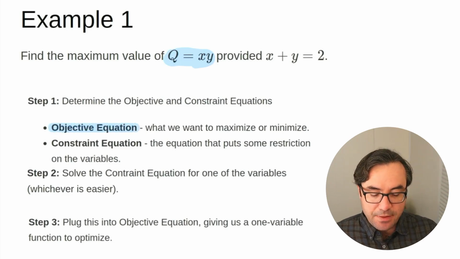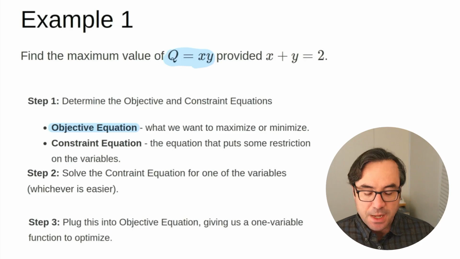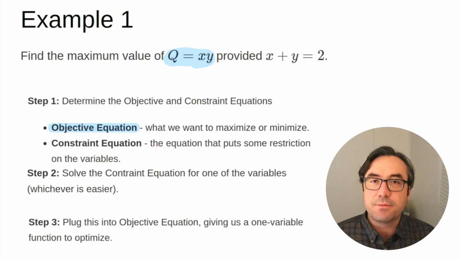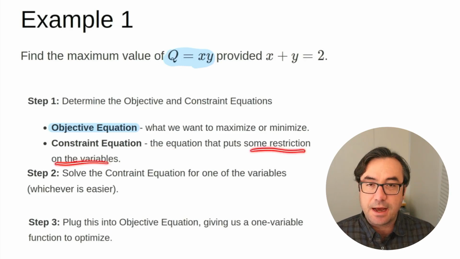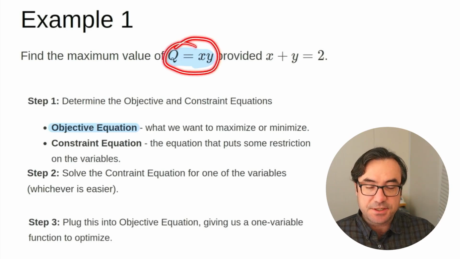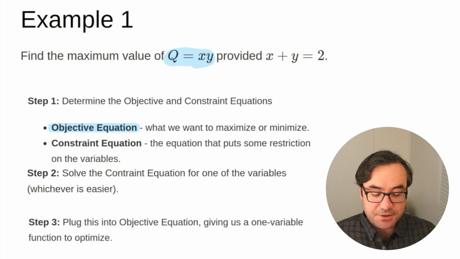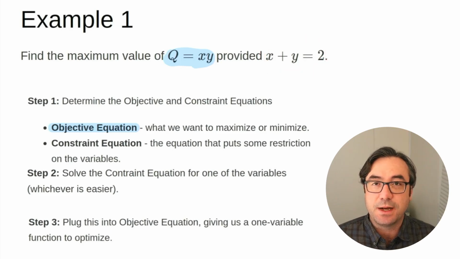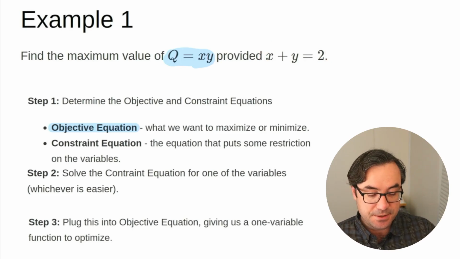And then the constraint equation, this is our second type of equation. This is some other information that we're given that puts some restriction on our variables. In this case, we want to maximize this expression, but x and y can't be anything. They have to satisfy this equation as well. So x plus y must be equal to 2.